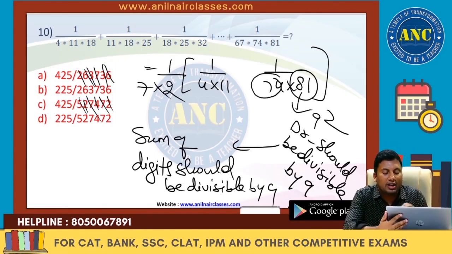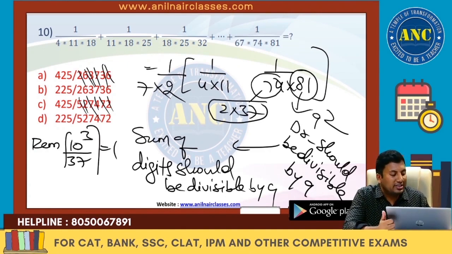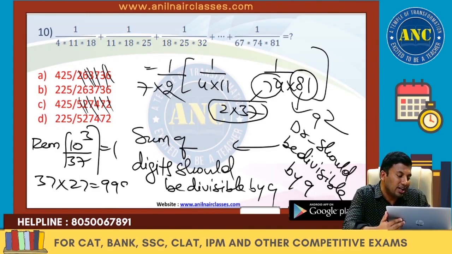Next one, 74. 74 is nothing but 2 into 37. Remainder 1. 10 cube by 37 is 1. 10 cube is 1000. 37 into 27 is 999. So, remainder 1. So, 10 cube divided by 37 is 1.